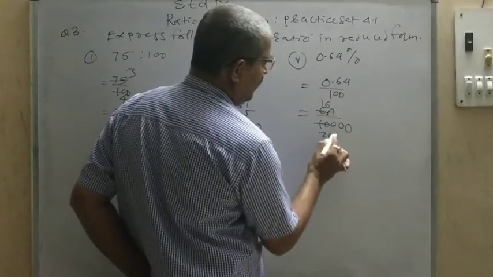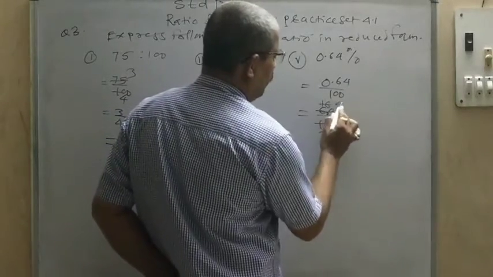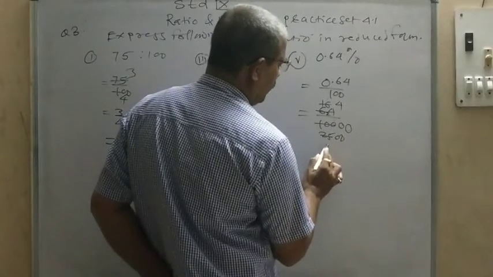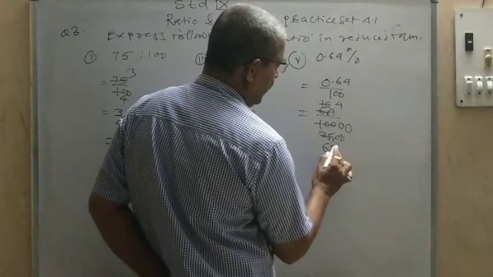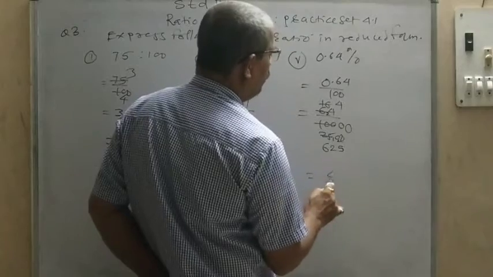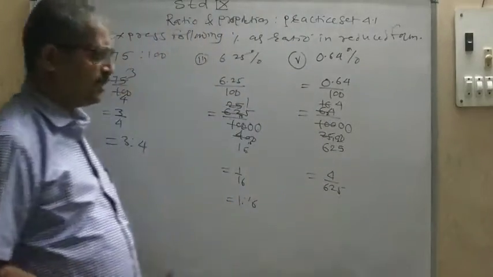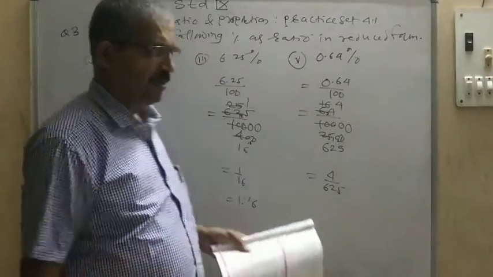Then 4 twenty-fives is 100. These two zeros stay as they are. Now again 4 fours are 16, 4 sixes are 24, 4 twos are 8. Then 4 fives, means 4 upon 625 is the answer of question number 5. One more is given, question number 4, 52 upon 100.